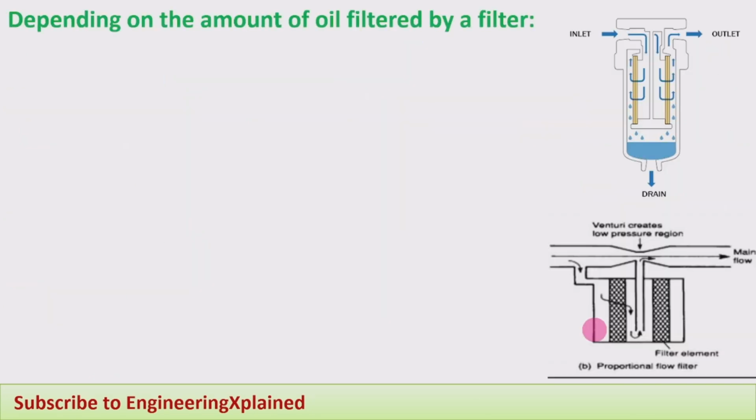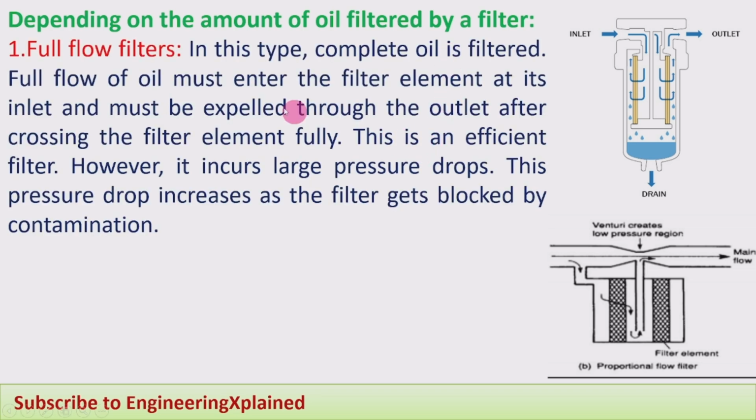Next, the classification depends on the amount of oil filtered by a filter, that is, how much quantity of oil is to be filtered. The first one is full flow filters. In this type, complete oil is filtered.